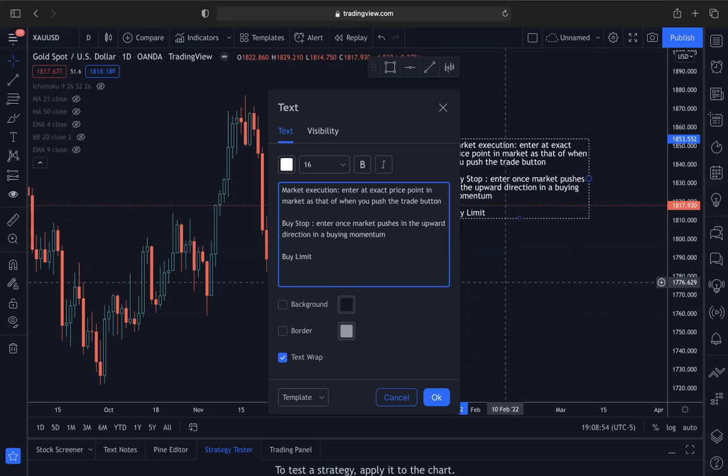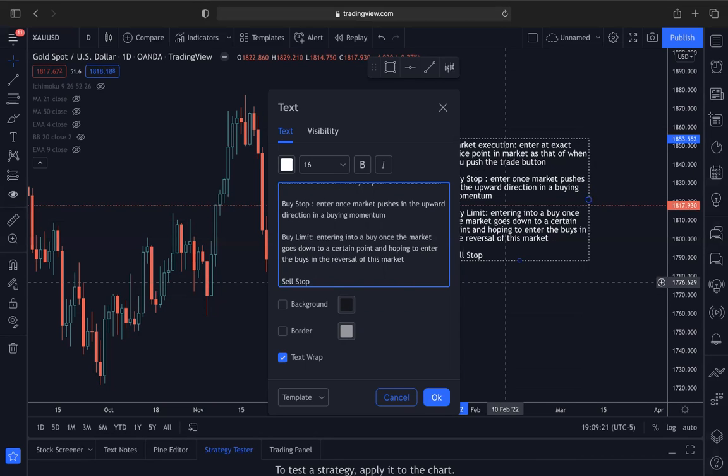Buy limit is going to be entering into a buy once the market goes down to a certain point and hoping to enter the buys in the reversal of this market.